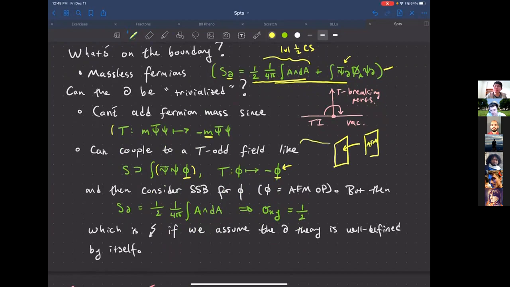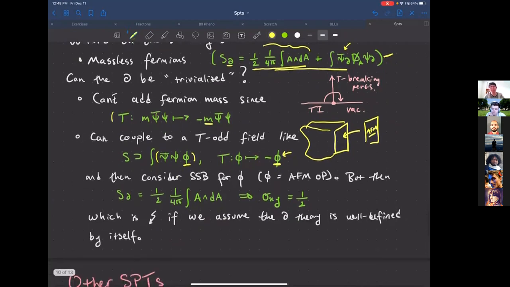So I'm not touching the bulk. I'm just adding some degrees of freedom on the boundary that happen to come in the form of an antiferromagnet, where this phi is some kind of coarse-grained field for the antiferromagnet. Then if I consider some phase where this antiferromagnet is in the spontaneously symmetry broken phase, phi behaves as a constant, and the psi fields are massive by virtue of coupling to this field.